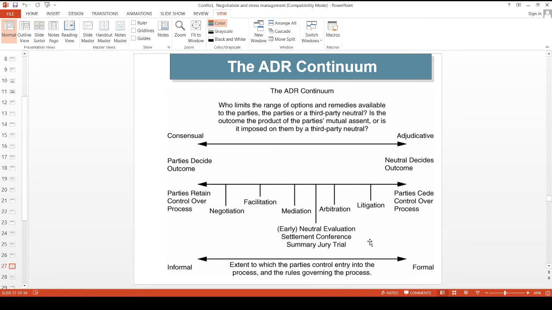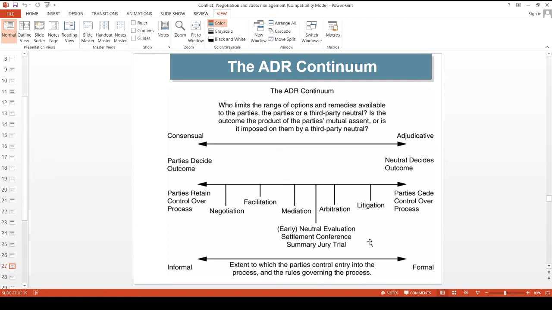Along with the formal and informal approaches, there is another thing which has been discussed in this continuum, that is consensus. Whenever we are more informal in deciding the dispute, we will have more consensus, meaning consensus between both of the conflicting parties.